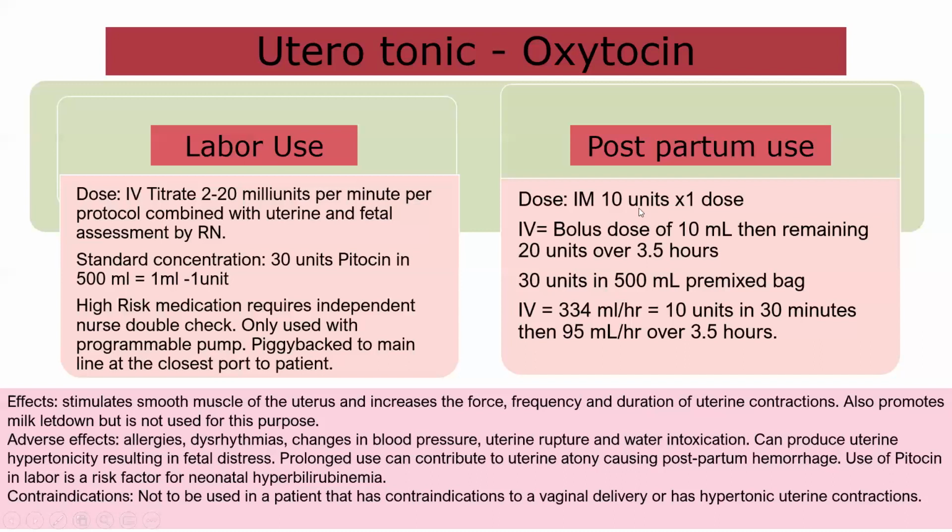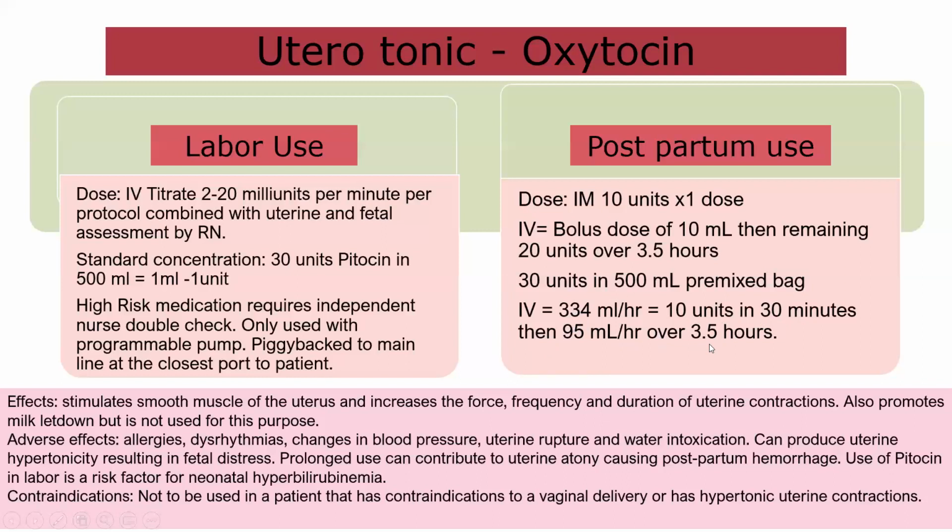Postpartum use is a larger dose because we don't have a baby on board anymore. And this is what the recommended dosage is, about 10 units in 30 minutes over a total of 3.5 hours to have this dosage put in. We don't want to bolus it.